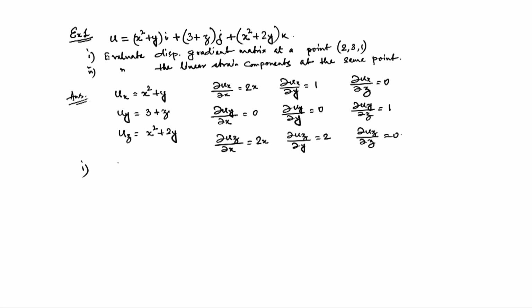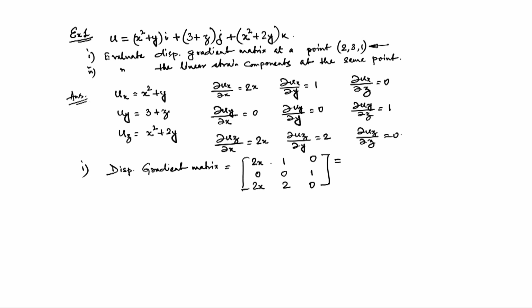So, the first part, the displacement gradient matrix, is given by: first term twice x, and we have to evaluate at the point 2, 3, 1. So, it is twice x, 1, 0, and then 0, 0, 1, and then twice x, 2, 0, right.